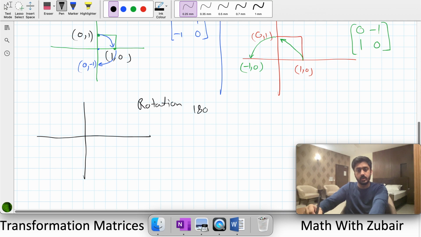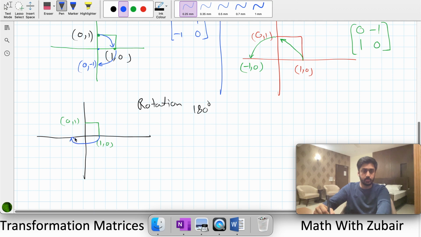Rotation 180 degrees. Same square, x1, y0, x0, y1. So after 180 rotation, this point will come over here and become x minus 1, y0. So x became -1, 0.